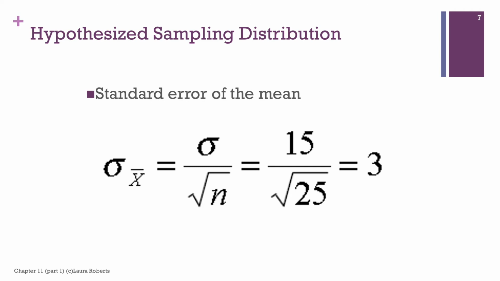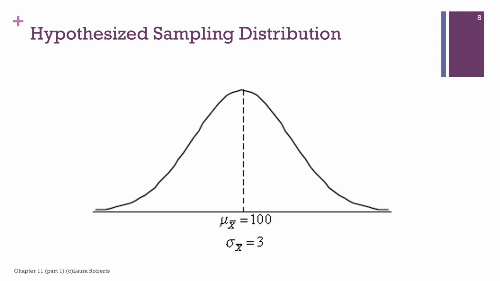The hypothesized sampling distribution has a standard deviation of population standard deviation divided by the square root of n. And you plug and chug and out spins the answer 3. That is the standard error of the mean. Now we can picture the sampling distribution with a mean of 100 and a standard deviation of 3.